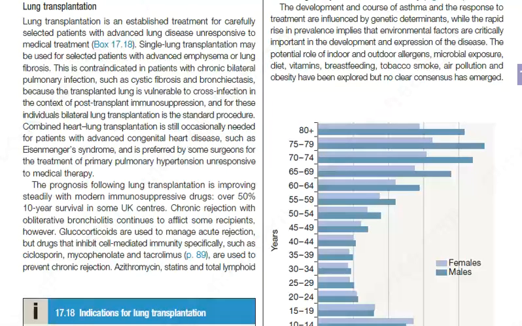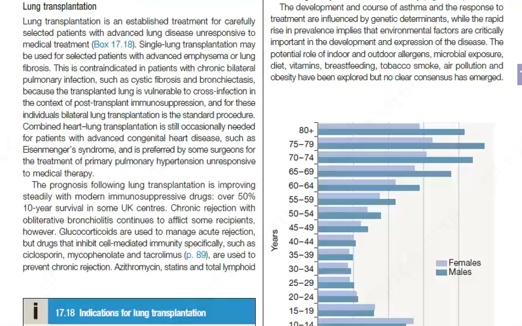This is contraindicated in patients with chronic bilateral pulmonary infection such as cystic fibrosis and bronchiectasis, because the transplanted lung is vulnerable to cross-infection in the context of post-transplant immunosuppression. And for these individuals, bilateral lung transplantation is the standard procedure.